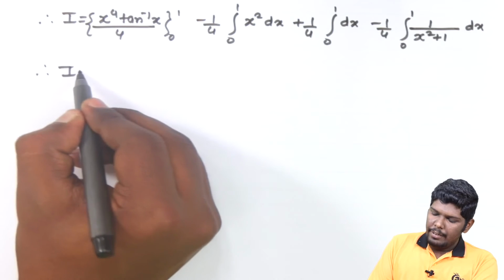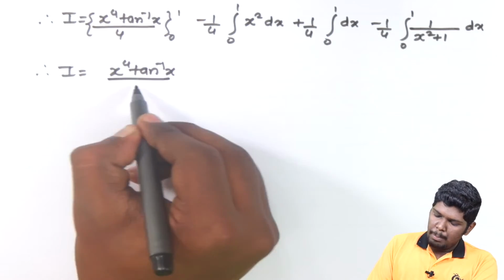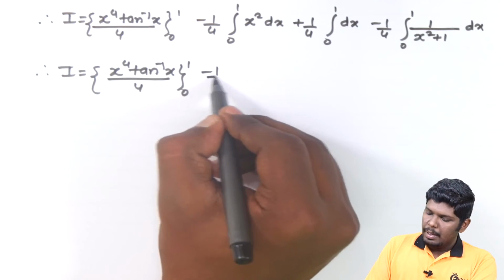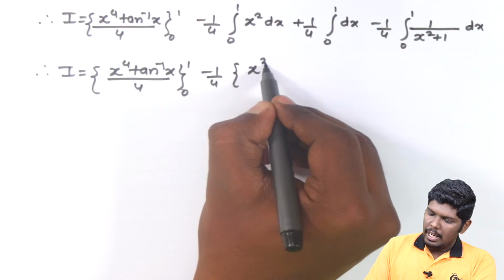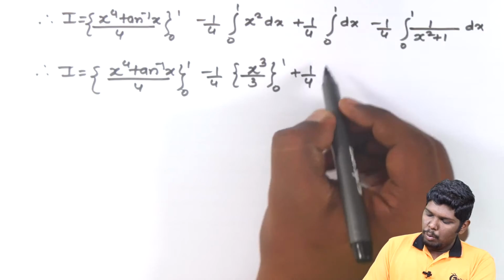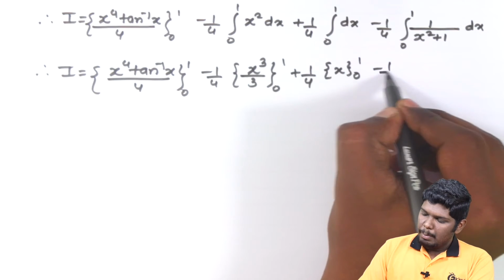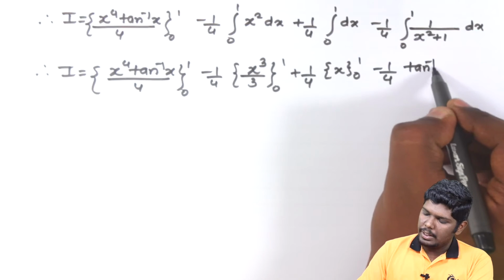Therefore I will be x raised to 4 tan inverse x upon 4 from 0 to 1, minus 1 upon 4 integration of x square will be x raised to 3 upon 3, plus 1 upon 4 integration of dx is x, minus 1 upon 4 integral 1 upon 1 plus x square will give you tan inverse x.